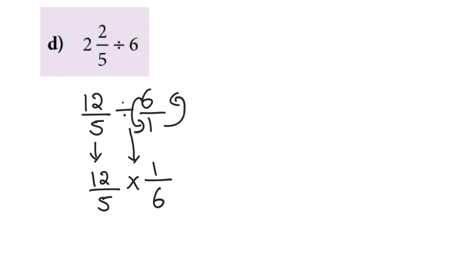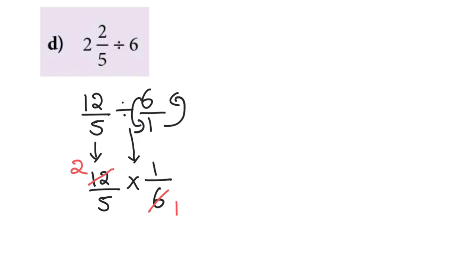Now this is a multiplication of two fractions. Is there anything in the numerator and the denominator that can be simplified? Look at this. 12 is in the numerator and 6 is in the denominator. They can be simplified. 6 1 times is 6. 6 2 times is 12.